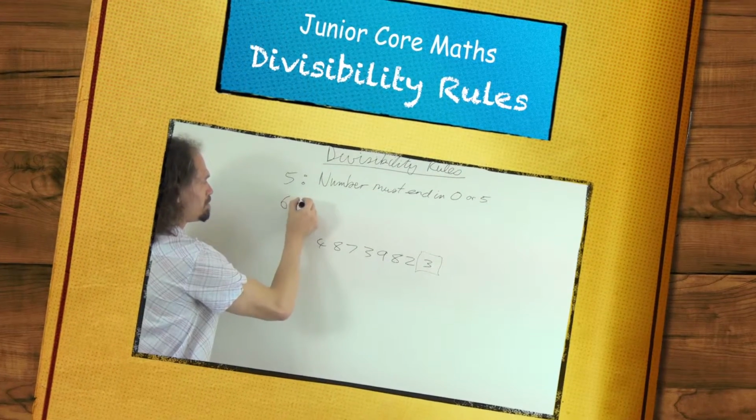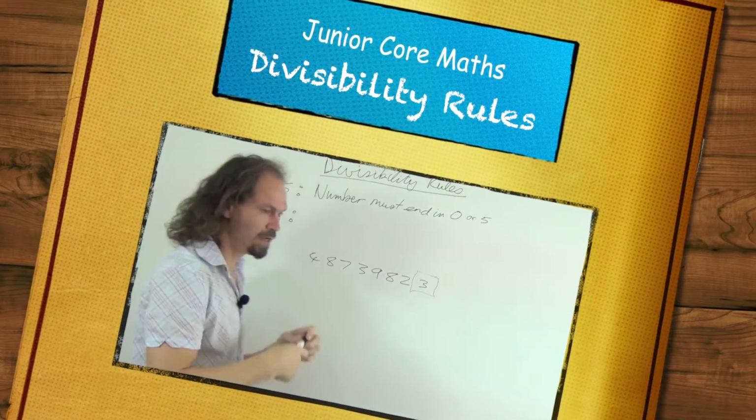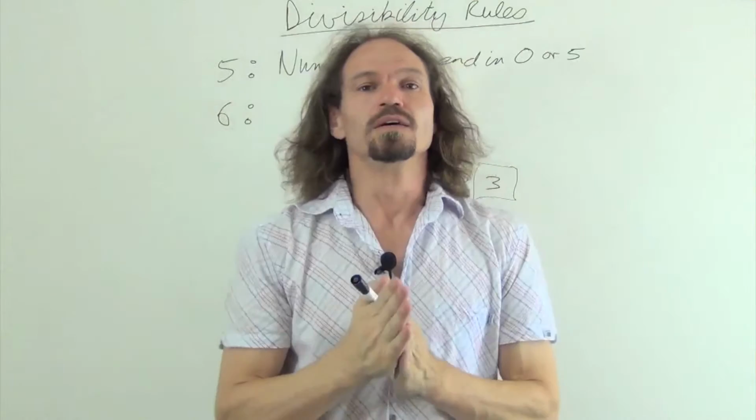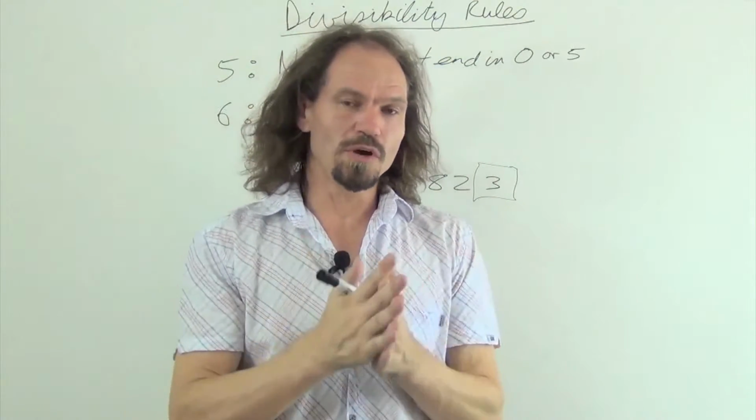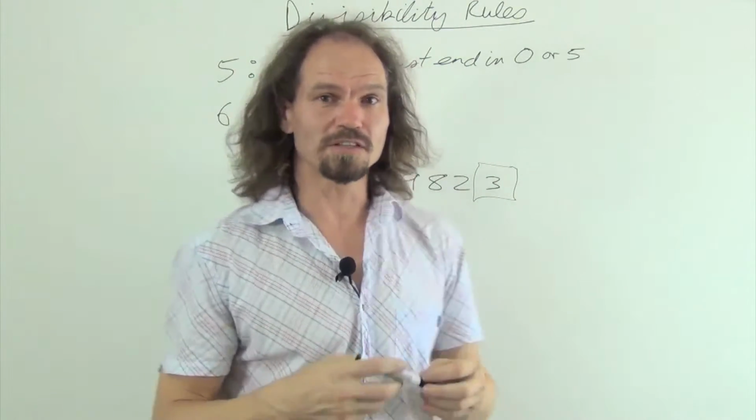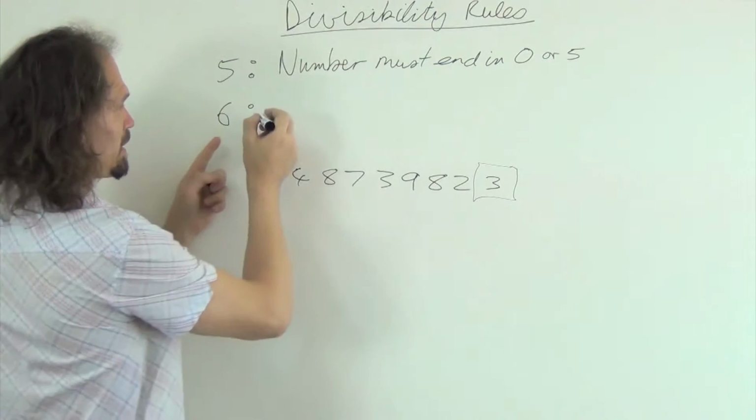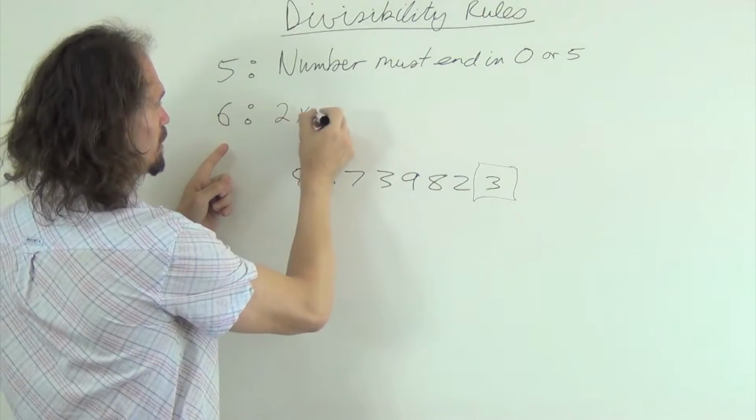Let's look at the number 6. Now, when you get to writing down the prime factors of numbers, you will realize that 6 is 2 times 3.